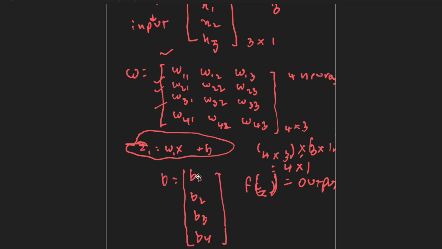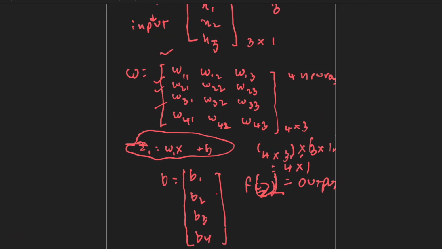So B1 is the bias of the first neuron of the hidden layer, and then this will be passed on. So this is Z, which will be passed, and then we will get the output.